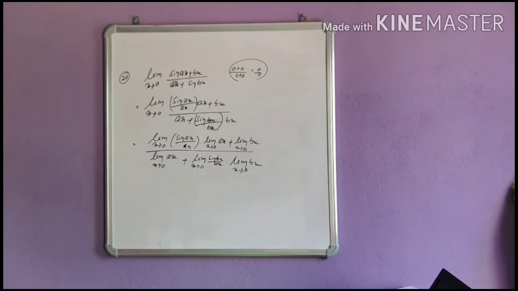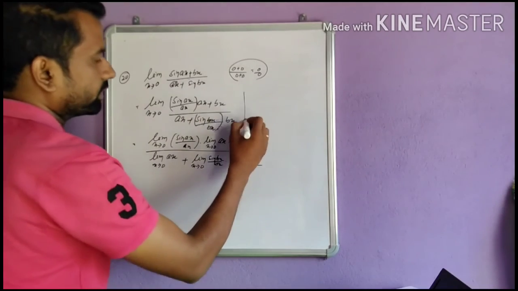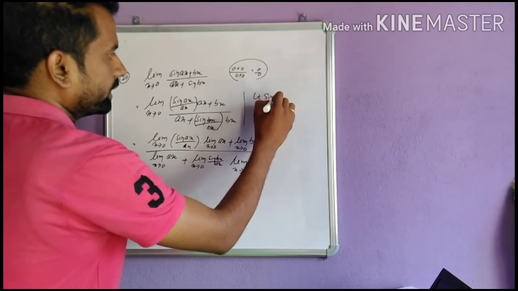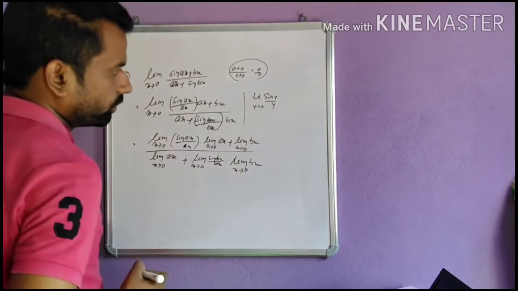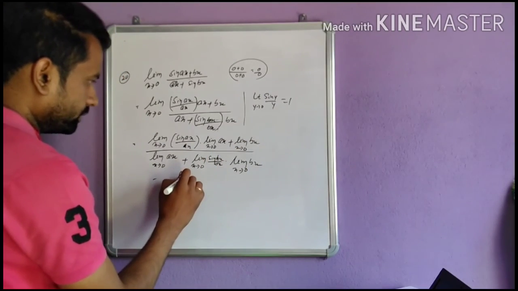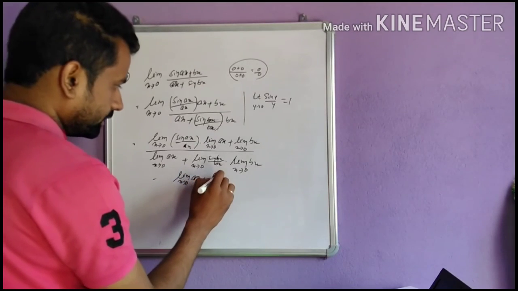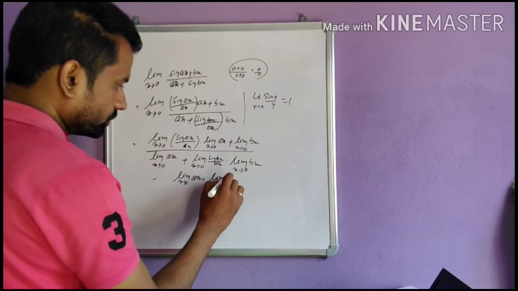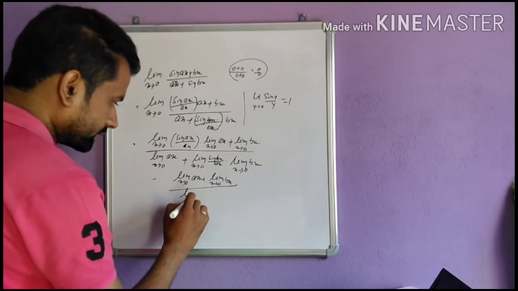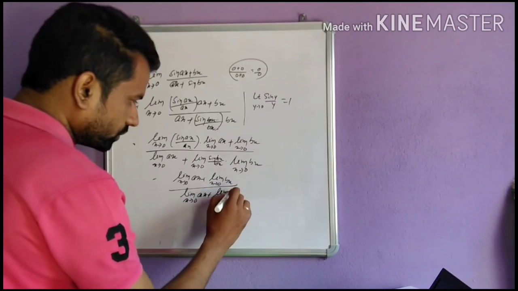Here this value is known as 1. How do we know? The limit sin y by y, when y tends to 0, is 1. That means here we write limit x tends to 0 ax plus limit x tends to 0 bx, divided by limit x tends to 0 ax plus limit x tends to 0 bx.